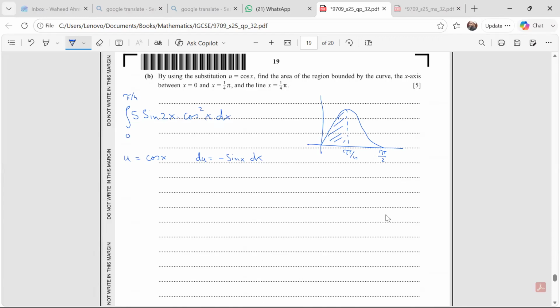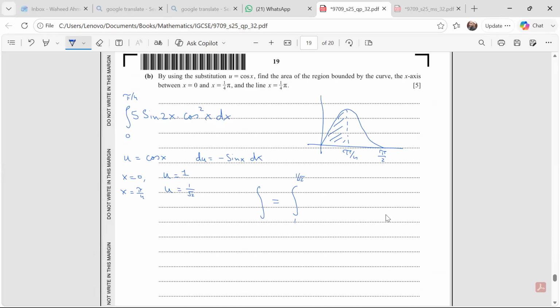So when x is 0, u will be equal to the cosine of 0, which is 1. And when x is pi by 4, so 45 degrees, cosine of 45 degrees is 1 over under root 2. So my actual integration will become integration from 1 to 1 over under root 2.